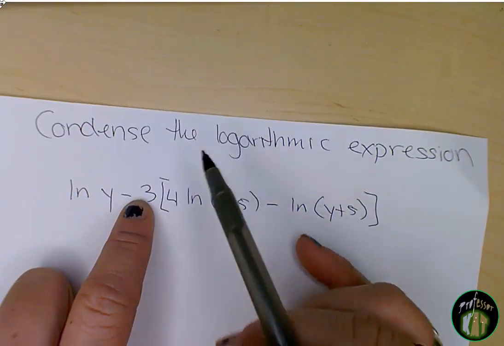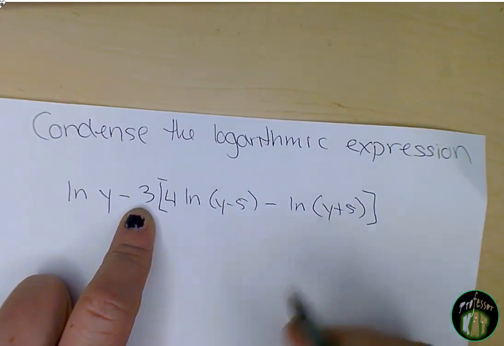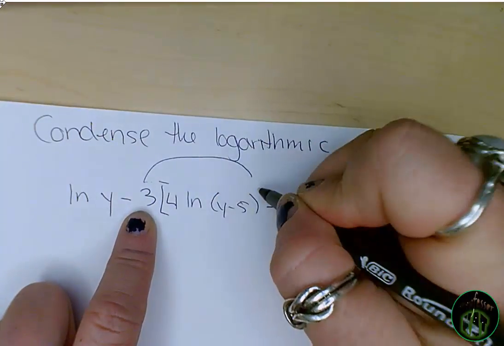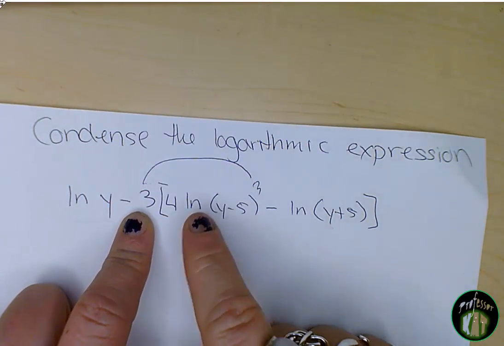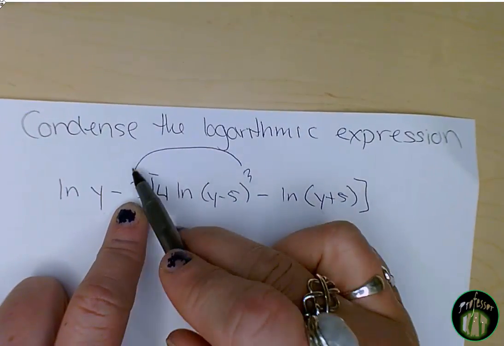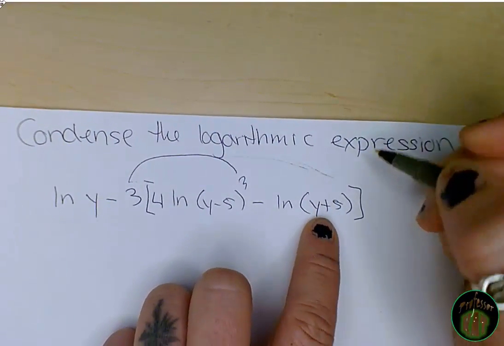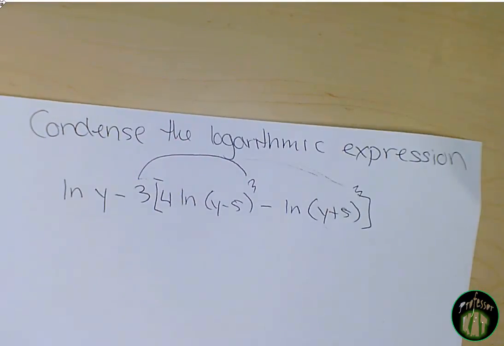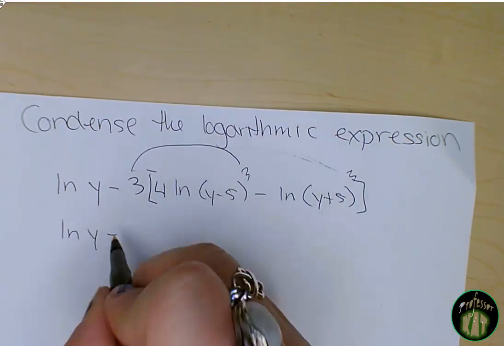So this 3 is a coefficient for everything inside here. So that 3 is actually going to become a power of the ln of y minus 5. That 3 is also going to become a power of this ln of y plus 5. Right, so it's going to belong to both of those. So that's what I'm going to write out in the next line.